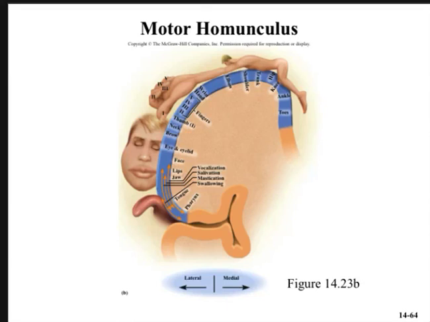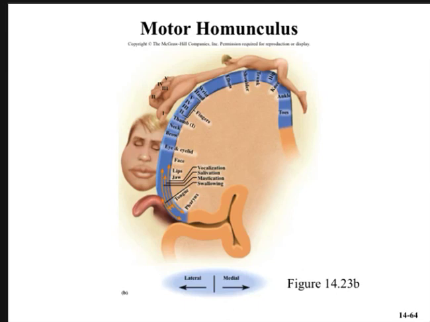If we look at the motor homunculus, this is figure 14.2.3b. What you see is something similar to the sensory homunculus, but remember that the post-central gyrus is the sensory portion of the cerebral cortex, while the precentral gyrus, which is what we're looking at, is the motor portion of the gray matter of the brain.